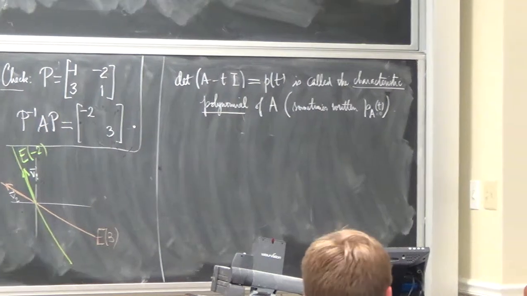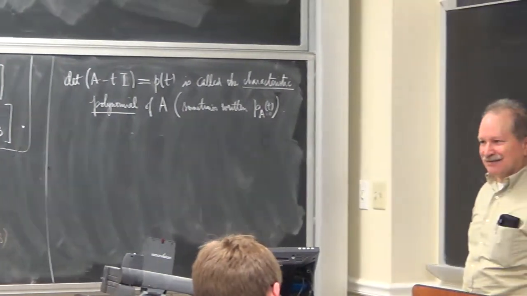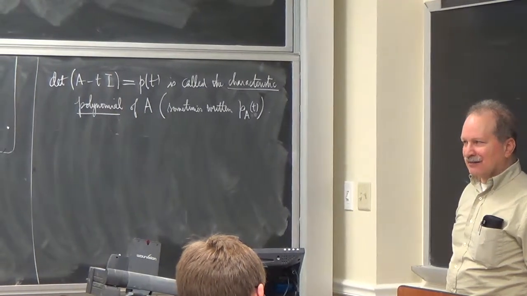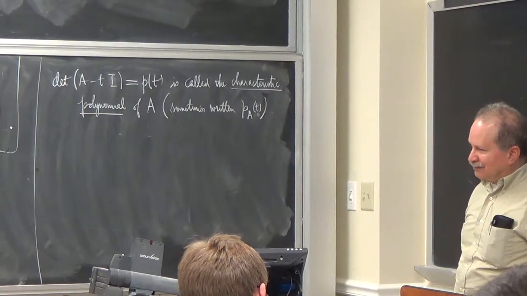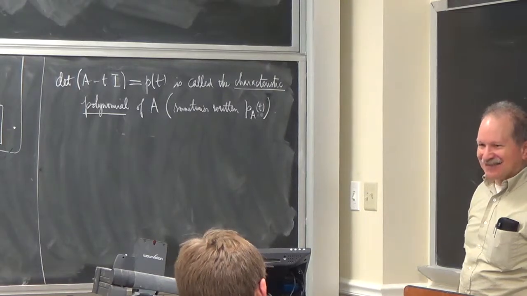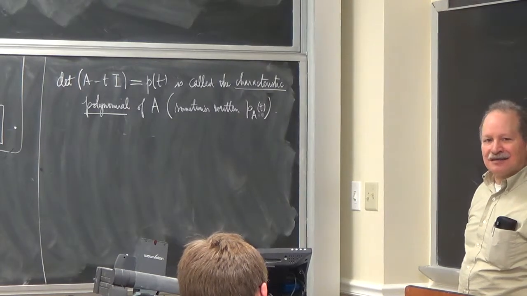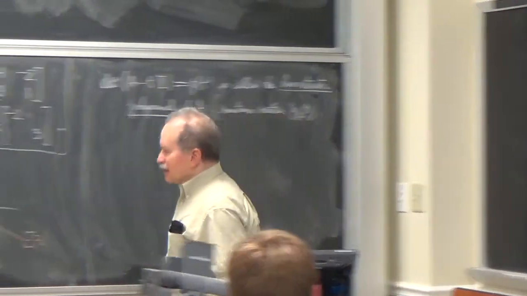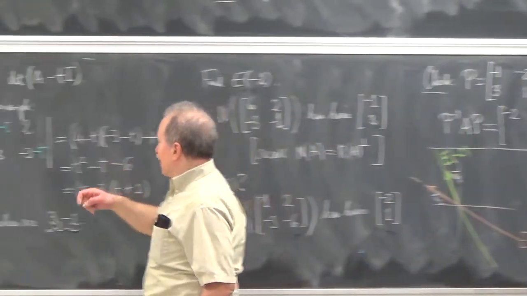It's n, because the determinant of A minus tI doesn't equal the determinant of A minus the determinant of tI. Yes, it's n. But what Cameron said was not correct.